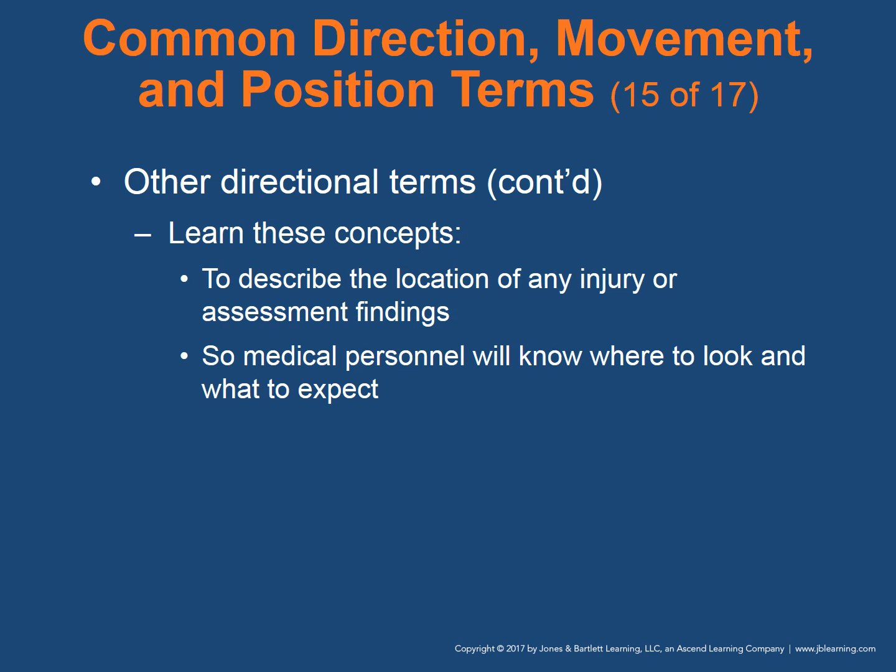All right, so we need to learn these concepts to describe the location of an injury or our assessment findings, so that medical personnel will know where to look, will know what we're describing. I kind of talk about this for when we get into trauma and we're giving reports about it.